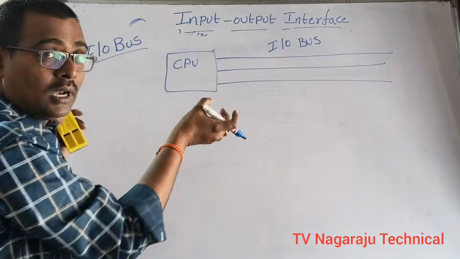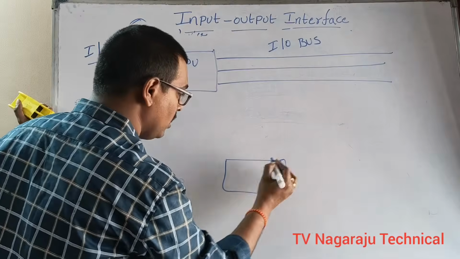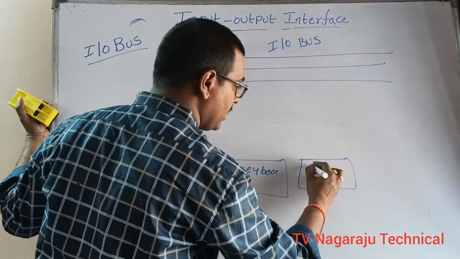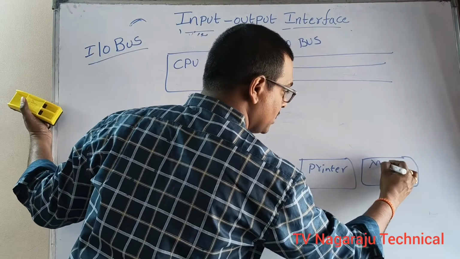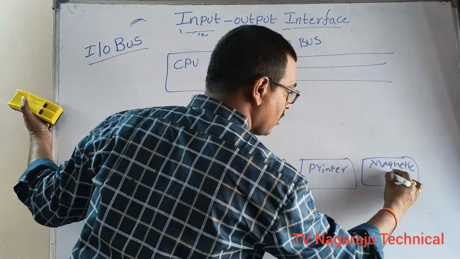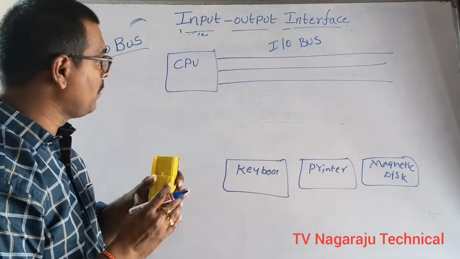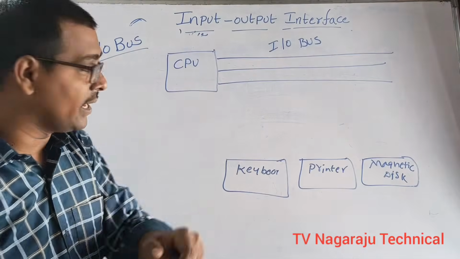Through this bus only, the CPU is connected to the peripherals. For example, this is a keyboard, this is a printer, and suppose this is a magnetic disc. You can take any number, like this, different peripherals. But the most important thing is that the CPU does not connect to the peripheral directly.